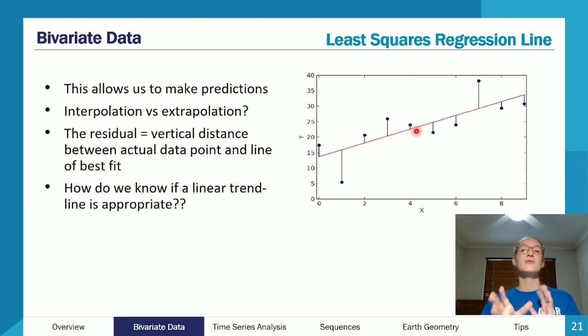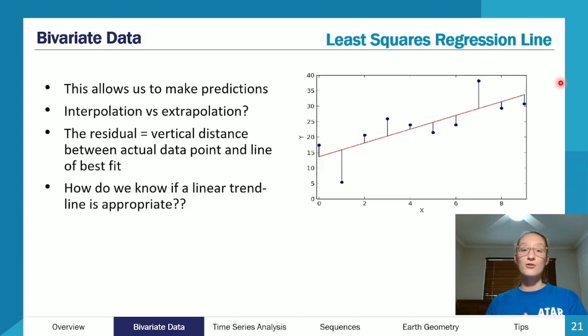That also brings us to an interesting distinction between interpolation and extrapolation. So have a think about if you remember the difference between those two. Interpolation is when we're making predictions within the given data set, within the range of values that we know, but extrapolation is when we're making predictions that go beyond the data that we have.